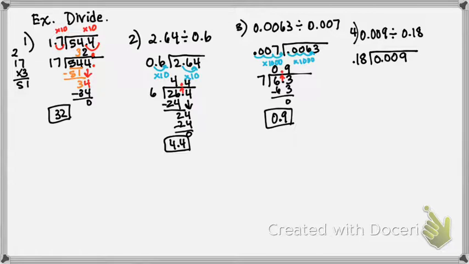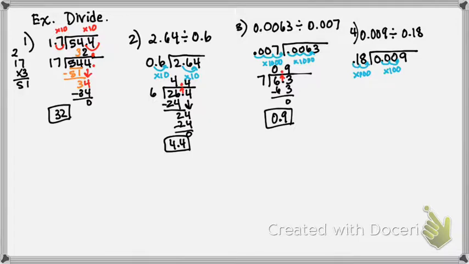On this one, I need to move the decimal point not once, which would be times 10, but twice, which would be times 100. So the number of places I move it is the number of zeros in my power of 10. Then I have to do the same exact movement, only 2 movements, multiply by 100. We don't move it to the end of the number. We only move it the same number of places that we did in the divisor.